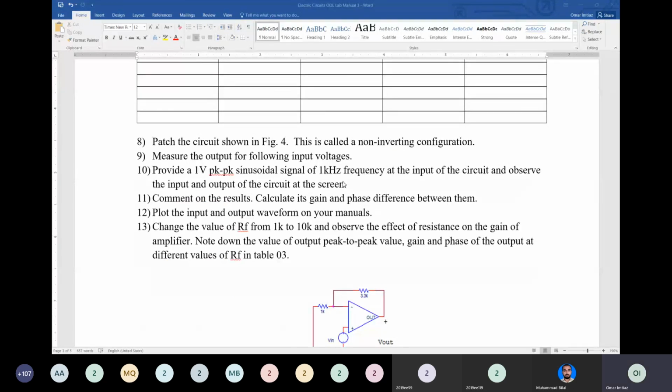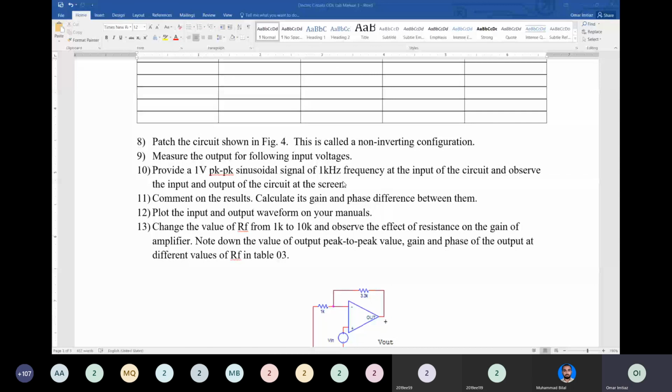Rule number 4 means that the voltage source that you're going to connect in your second and third circuits is not going to be a DC voltage source. It is going to be an AC voltage source with a peak to peak value of 1 volt and a frequency of 1 kilohertz.